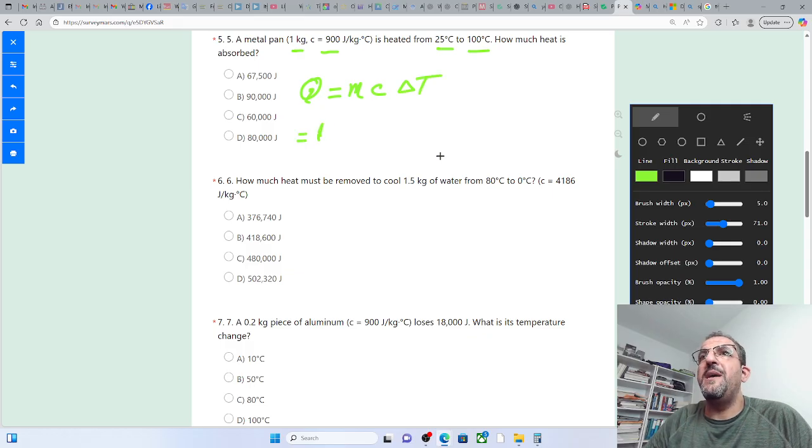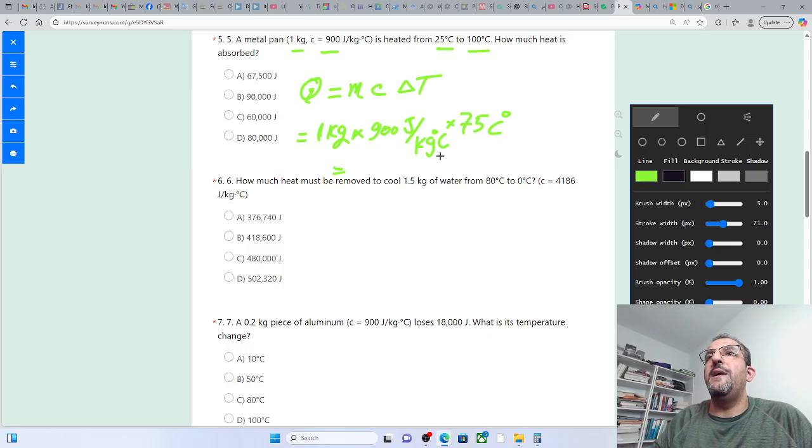So we have the mass, which is 1 kilogram. We have the specific heat, which is 900 joule per kilogram Celsius, and we multiply that by 100 minus 25, so that's going to give me 75 Celsius.